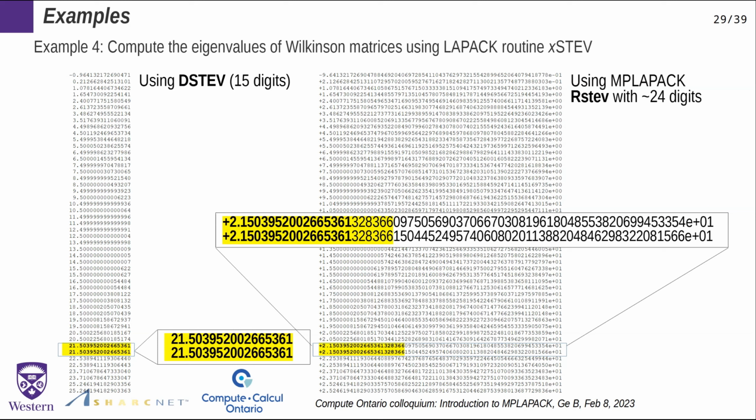Now, the interesting property of the eigenvalues of a Wilkinson matrix is they seem to appear in pairs. For example, we seem to have a pair of values of 21. Now, to see whether we actually have eigenvalues in pairs or it's just an illusion, we increased precision to 80 bits, or roughly 24 digits, to examine more digits after the decimal point.